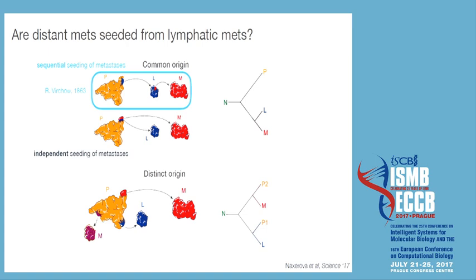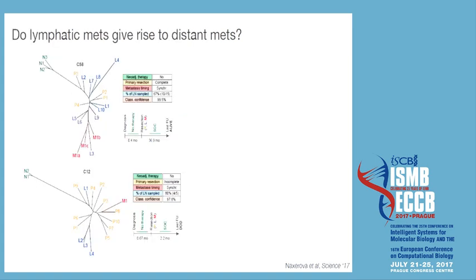We then did the analysis across the whole cohort, and what we found were basically examples looking like that over here. So this is an example for common origin, where you see all our distant metastases clustered together with some of the lymph node metastases. This kind of tree would be compatible with sequential seeding of metastases, but also with independent seeding of metastases.